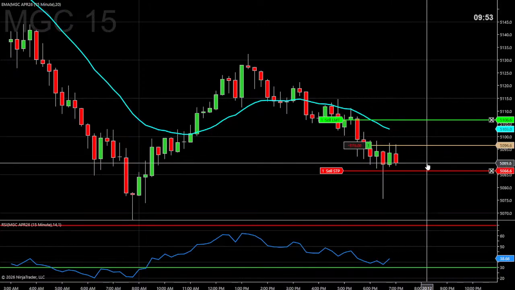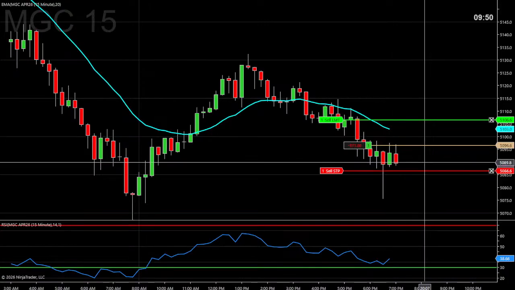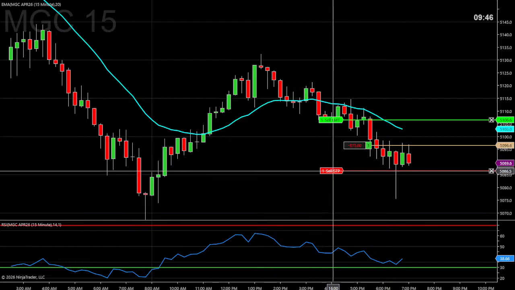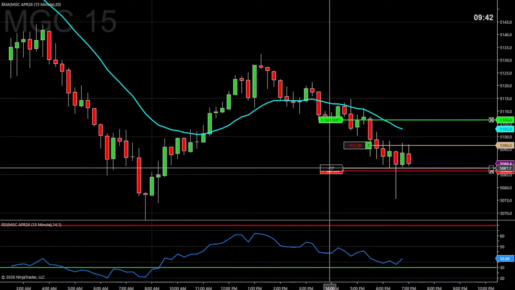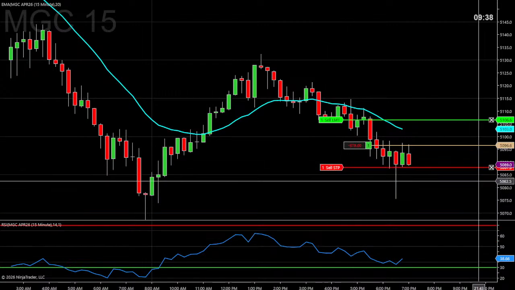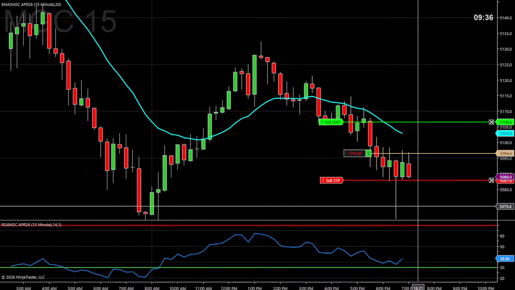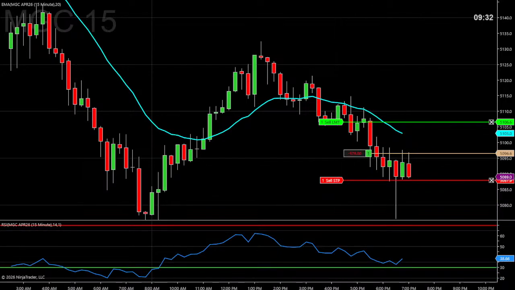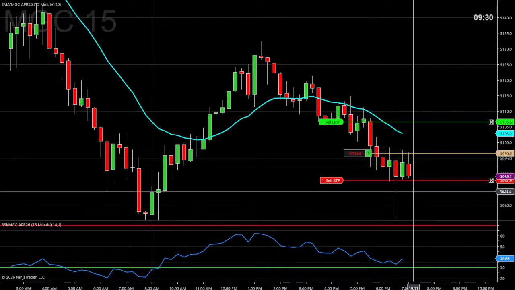There's just that candle. Could say that is the break of structure. Is that low? If it goes down there, then candle to candle, that is a lower high and lower low.